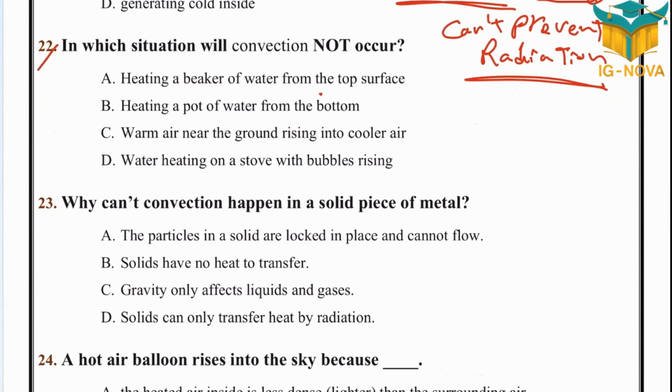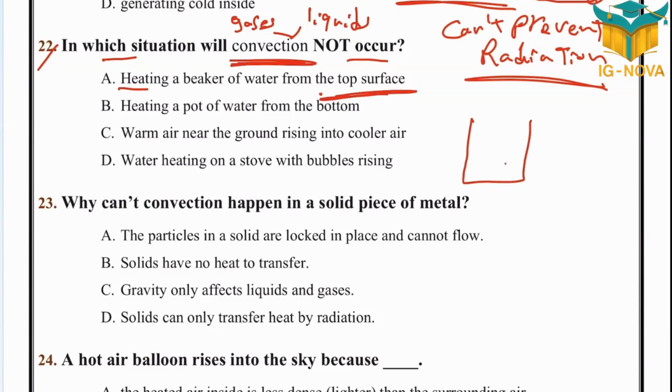Question 22. In which situation will convection not occur? We know that convection happens in liquids and gases. With option A, heating a beaker of water from the top surface.